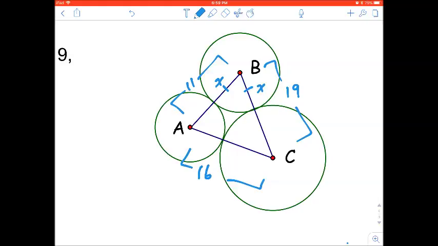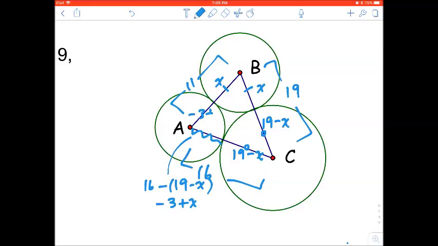Here, I'd get that if BC is 19, then the radius of circle C is going to be 19 minus x. That's going to be the radius here then, since radii in a circle are congruent. And then that makes the radius of A, well, if AC is 16, then 16 minus whatever 19 minus x is going to get us the radius of A. And so that will wind up being negative 3 plus x.